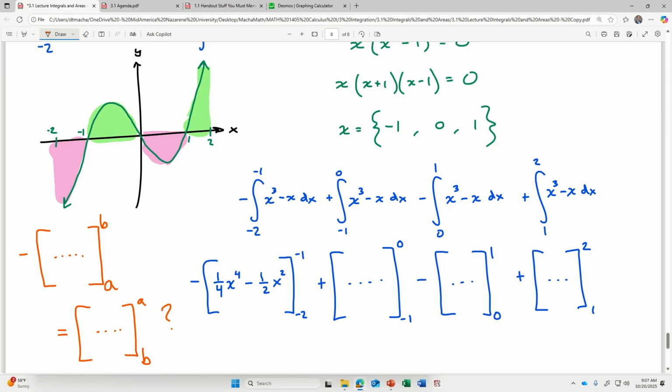All that's going to do is reverse the order in which I'm subtracting the antiderivatives. But reversing the order of subtraction is the same thing as multiplying by a -1. Okay? Does everybody feel good about that? Because if you feel comfortable with this idea that switching the upper and lower bound is just multiplying by -1, then we can simplify this a lot.